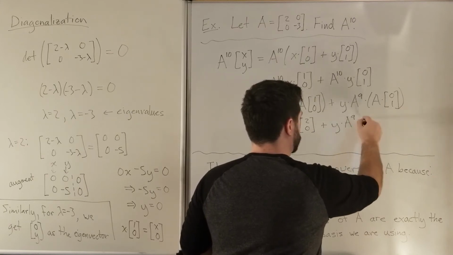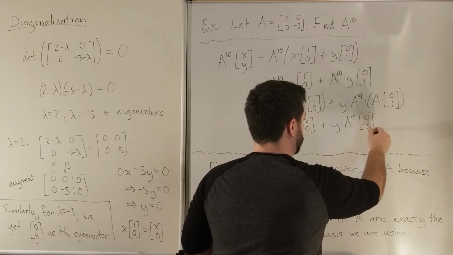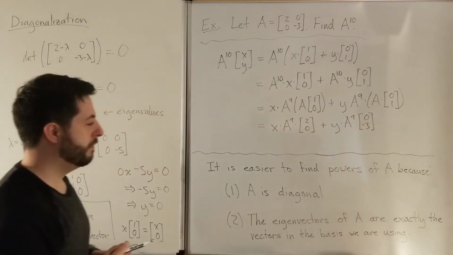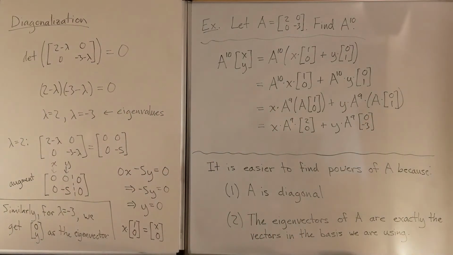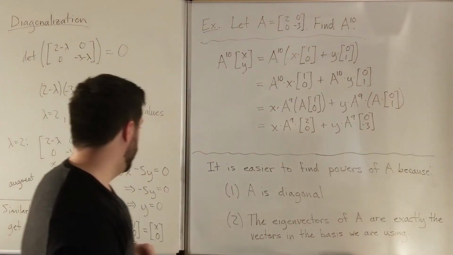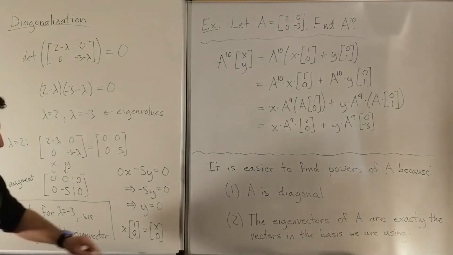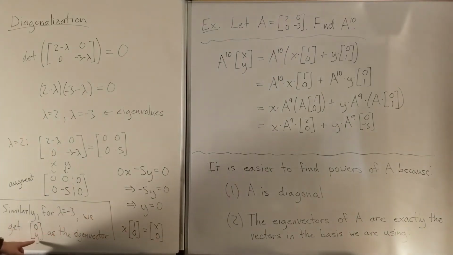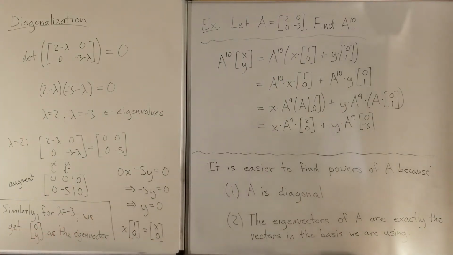And so we're just going to get the vector (0, negative 3). Okay, well, these vectors here, (2, 0) and (0, negative 3), are both still of the correct format to be eigenvectors of this matrix A.